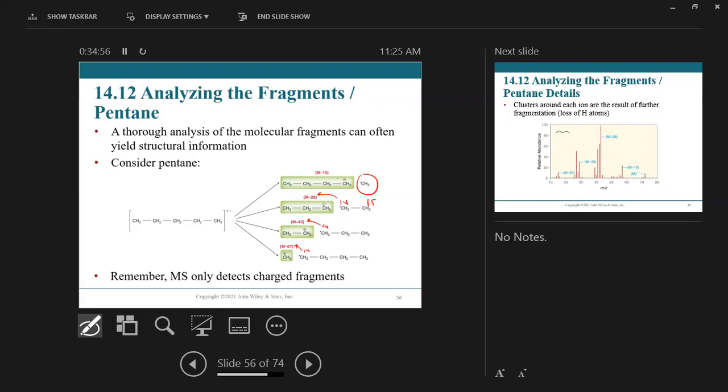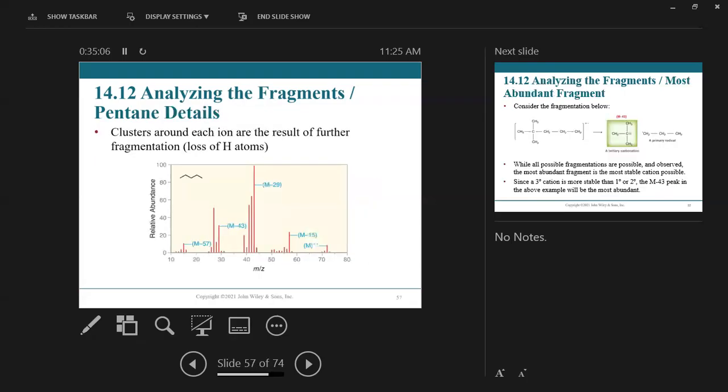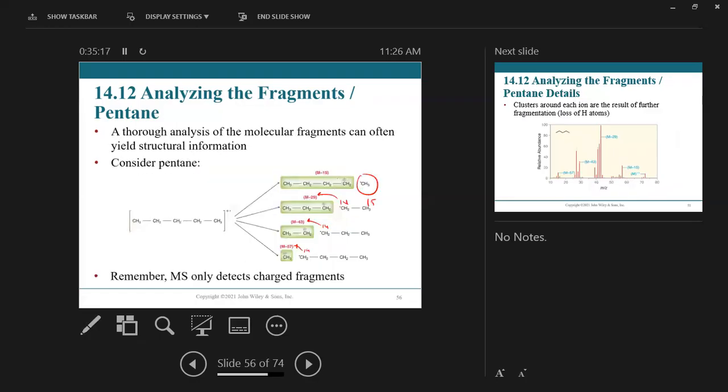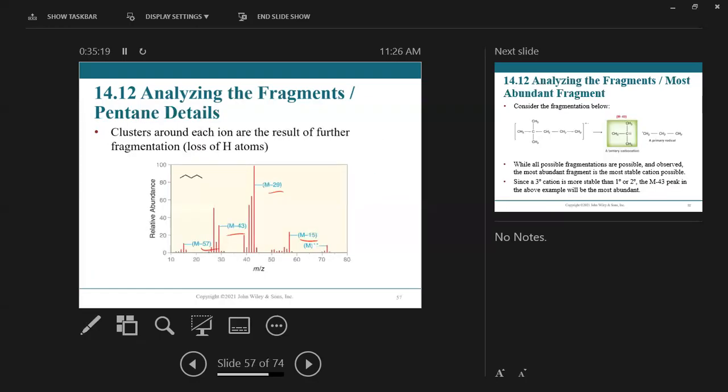Because remember, mass spectrometry only detects charged fragments. So if they're not charged, it's not going to be detected. And I show this right here for you. Your first mass loss, your 15, then your 29, then your 43, then your 57, which you'd only have CH3 left.